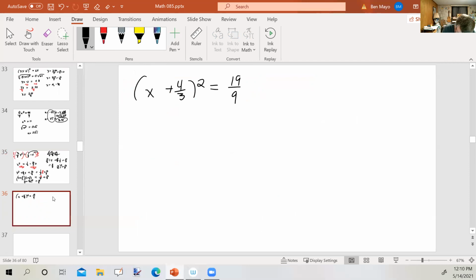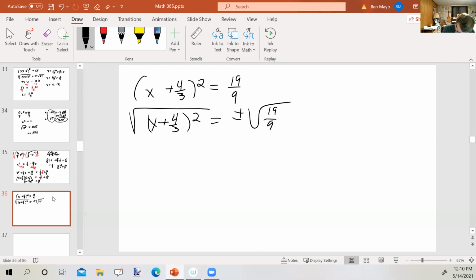Okay, so we're going to take the square root of both sides. Don't forget the plus or minus. X plus 4/3 equals plus or minus the square root of 19 over 3. The denominator came out rational already. That gives us a break.